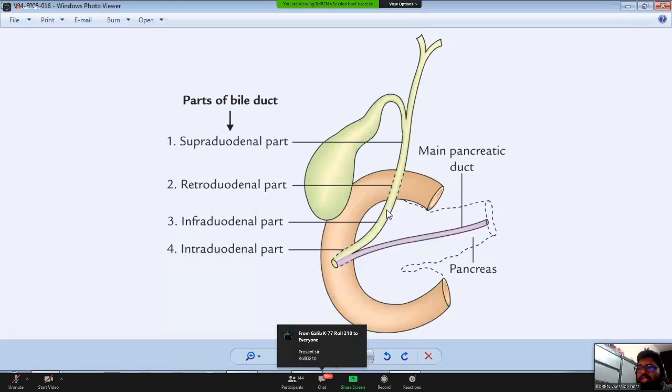It's a triangular area which contains part of the hepatic artery, particularly the right one, and the cystic artery. As I've told you, usually the cystic artery arises from the right hepatic artery, but it may arise from the trunk or even from the left. Whatever the source, it passes through Calot's triangle.